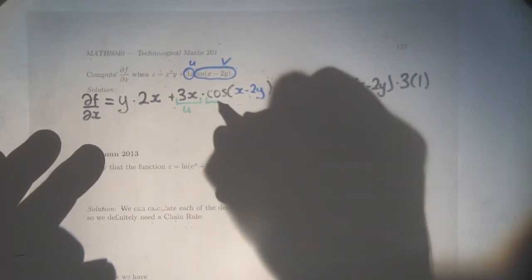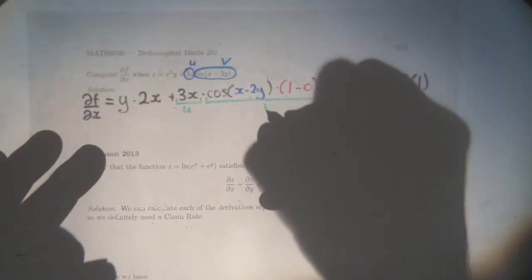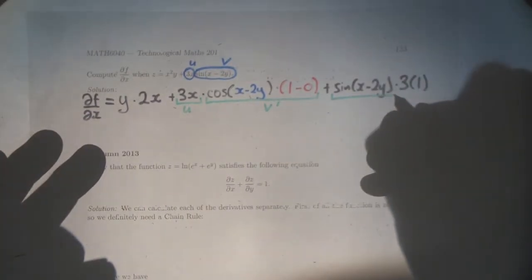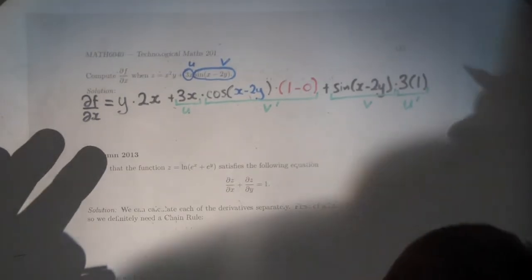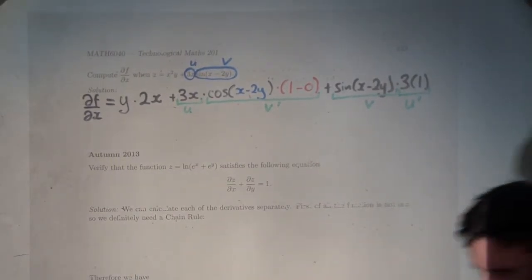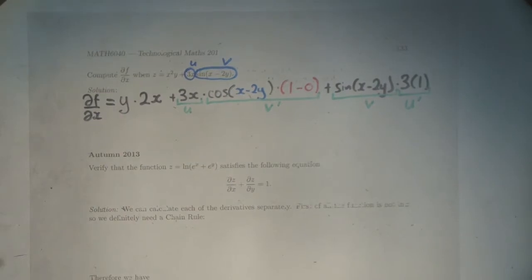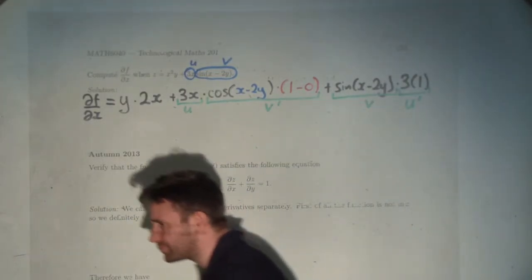Okay, now I'll just do the u's and the v's just so you can see. So this was the first thing by the derivative of the second thing, plus the second thing by the derivative of the first thing. If you actually didn't use the chain rule, you get away with it, but I just want to show you that.